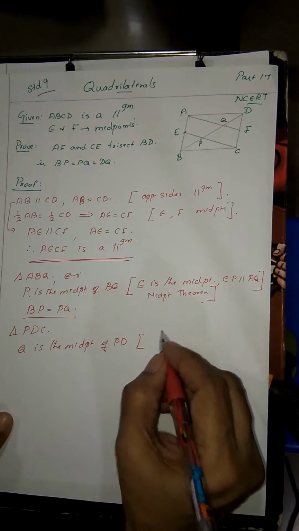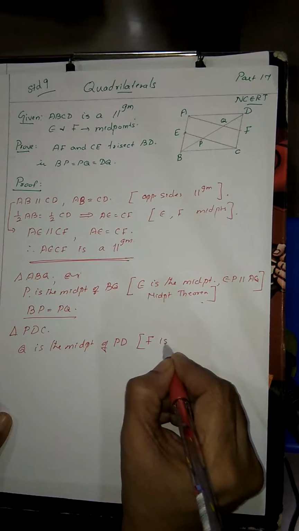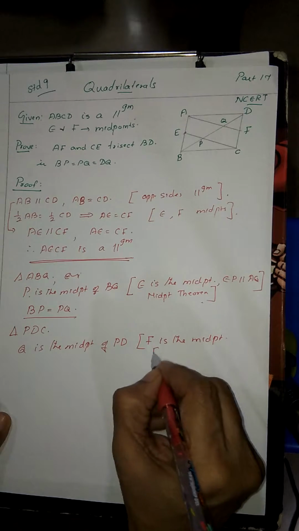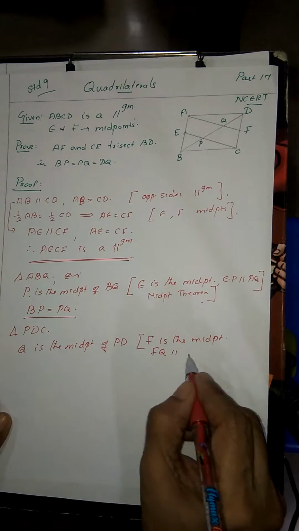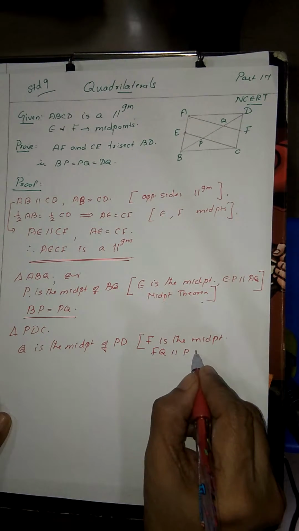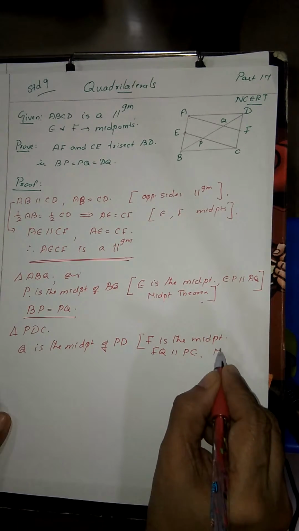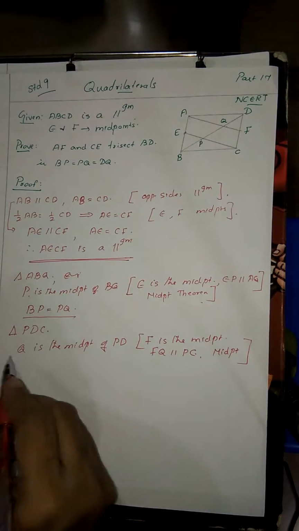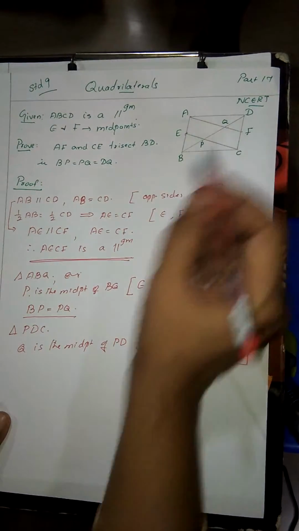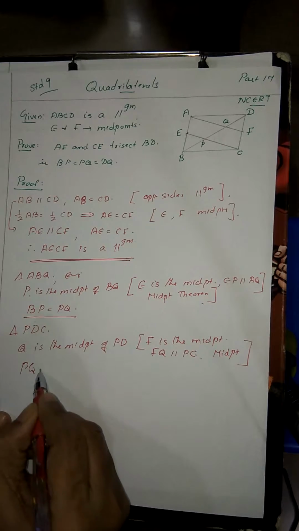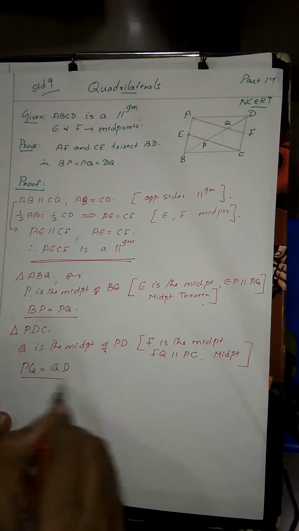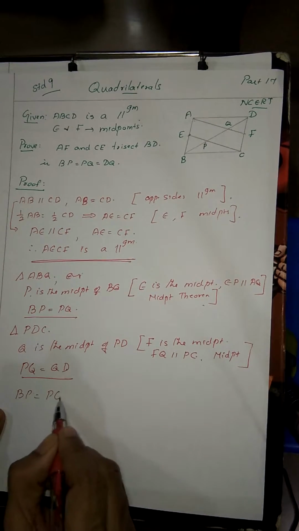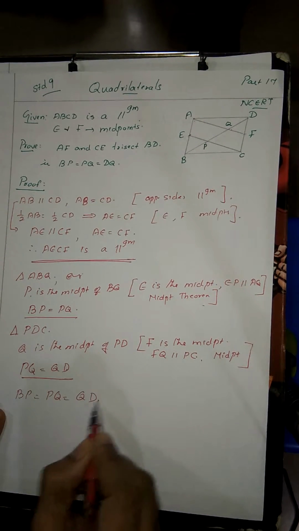The reason is F is the midpoint, then FQ is parallel to PC using midpoint theorem. So from Q is the midpoint of PD means we can write PQ is equal to QD. So from these two we can say BP is equal to PQ is equal to QD.